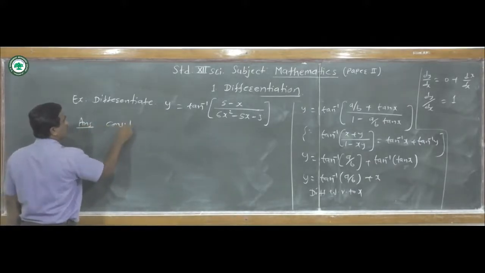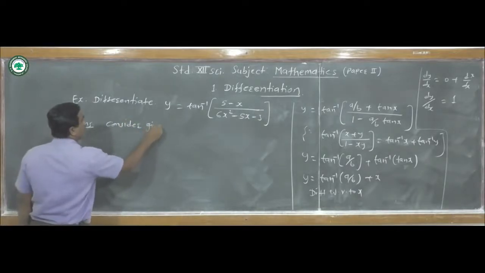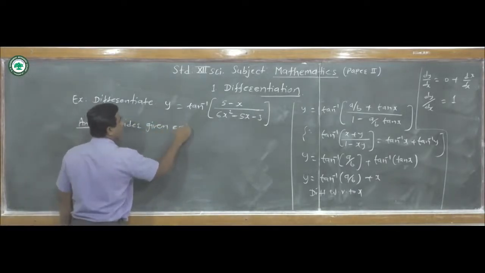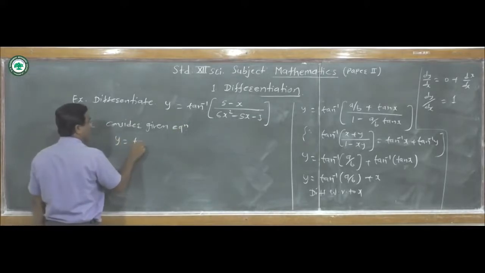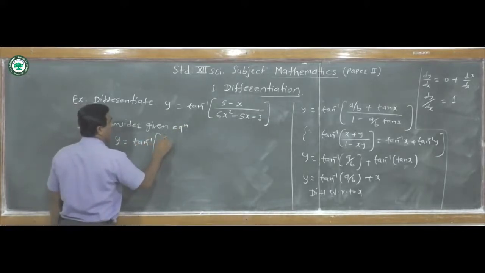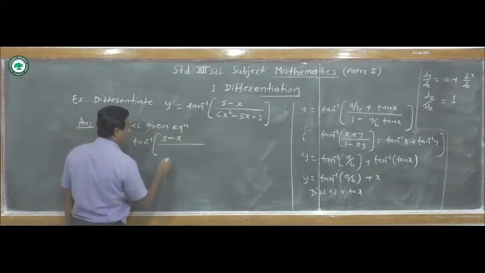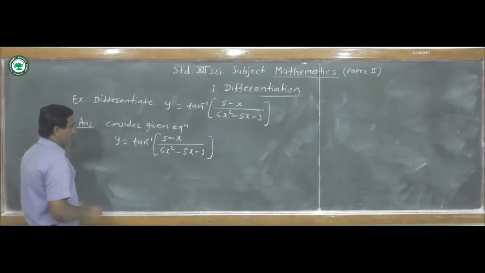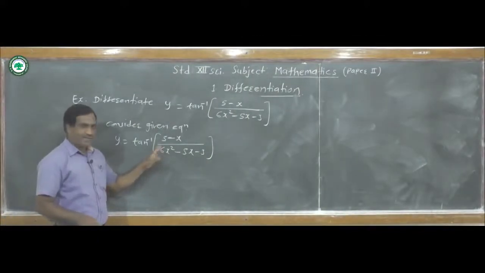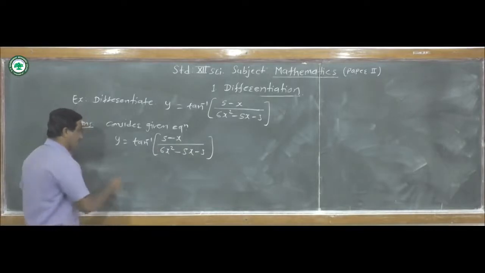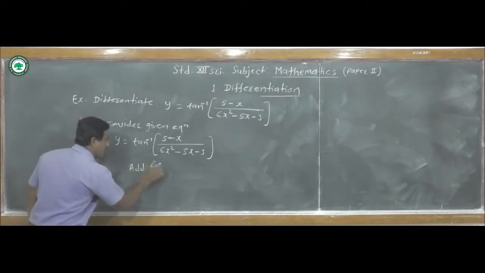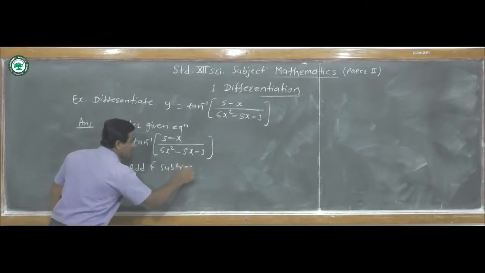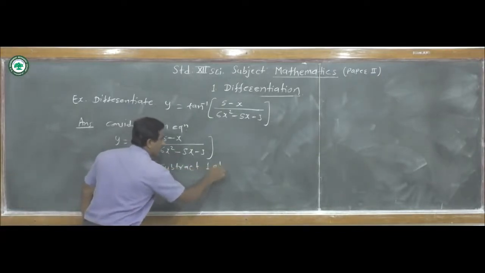Consider the given equation y is equal to tan inverse of (5 minus x) upon (6x square minus 5x minus 3). Okay. Now we want here 1 plus any term or 1 minus any term. Therefore add and subtract 1 at the denominator.